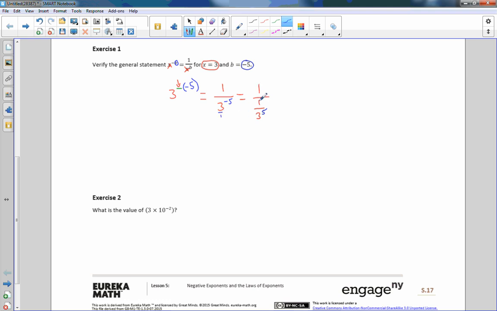But now we have 1 divided by 1 divided by 3 to the 5th, and that is going to equal the 1, my numerator, times the reciprocal of this, 3 to the 5th. Let me keep my colors here. 3 to the 5th over 1, which is simply 3 to the 5th.